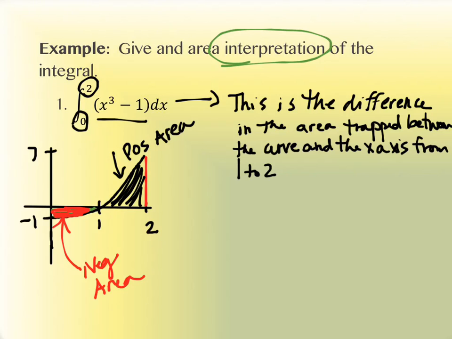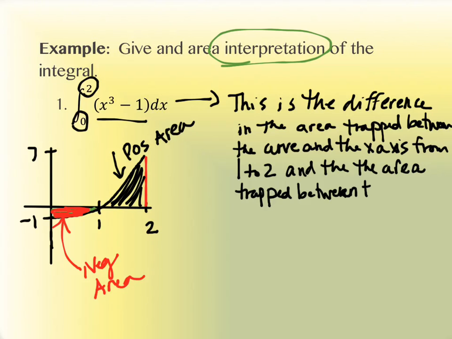That's why we looked at that x-intercept being 1 and the x ending point being 2. And the area trapped between the curve and x-axis from 0 to 1. That's what it's really doing. It's finding the difference in these two areas. That's what this will do.